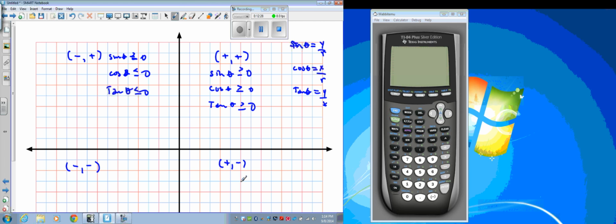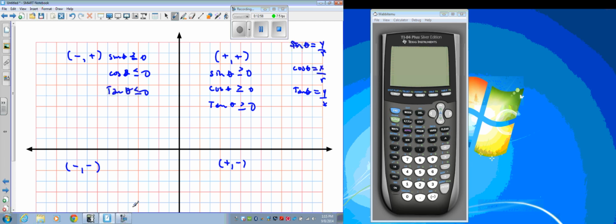And then the cosecant is going to be whatever the sine is, right? The secant's going to be whatever the cosine is, and the cotangent's going to be whatever the tangent is in terms of plus or minus, right? So now all you have to do is determine which quadrant our terminal side is in. Does everyone follow? I mean, that's the simple part of this.